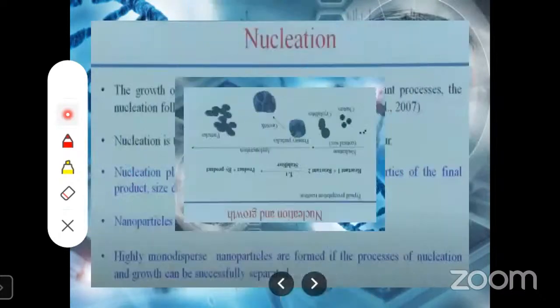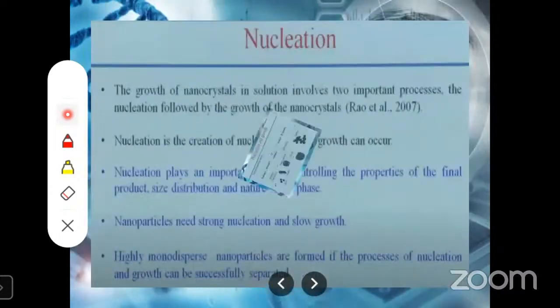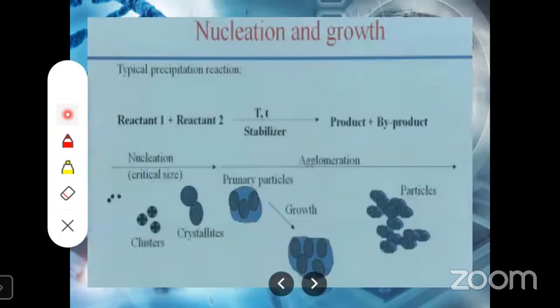So you can see the precipitation here. This is a typical precipitation reaction. Here we are going to use a metal salt and a reducing agent. With the reducing agent, we reduce the metal salt into metal atoms.